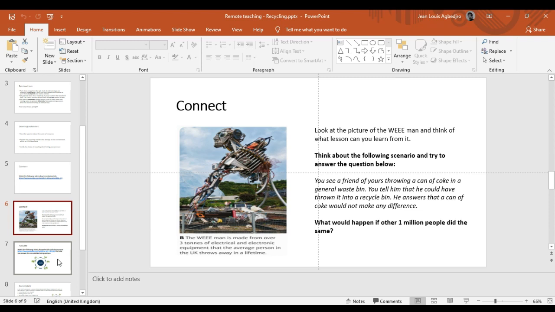Okay, so WEEE is an acronym that stands for Waste Electrical and Electronic Equipment, and is a 2006 EU regulation, from the European Union.